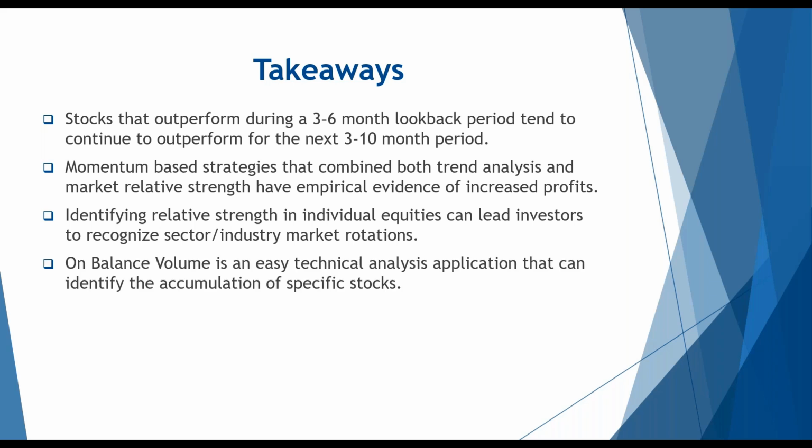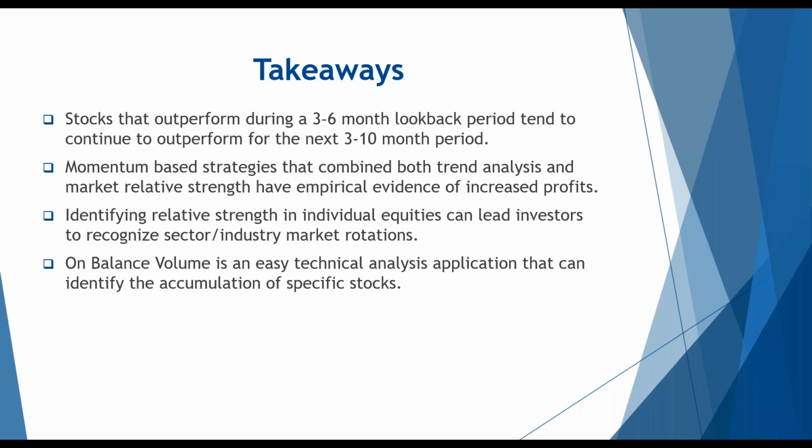On-balance volume is an easy technical analysis tool that can help us identify accumulation in particular stocks. Remember what we want to see. Don't get caught up in minute movements of the on-balance volume.